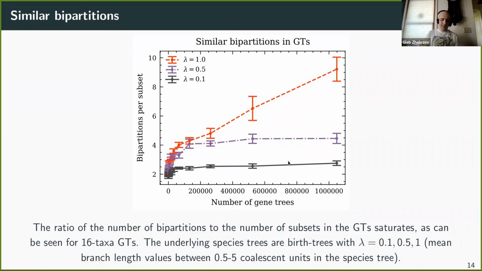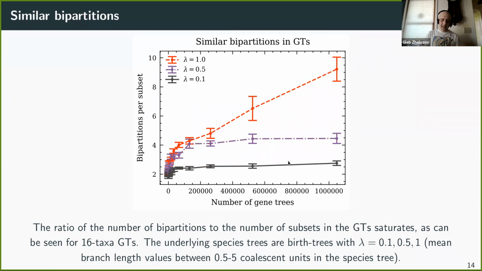At some point, you expect to have the saturation of the ratio of bipartitions per subset, meaning you have a cluster in your gene trees, and then you look at the total number of bipartitions in your data, and you look at the ratio. You'll find that, obviously, the lower your birth rate is, the faster it takes to saturate, but it does saturate eventually. Even here, you can tell that it's starting to saturate a bit.